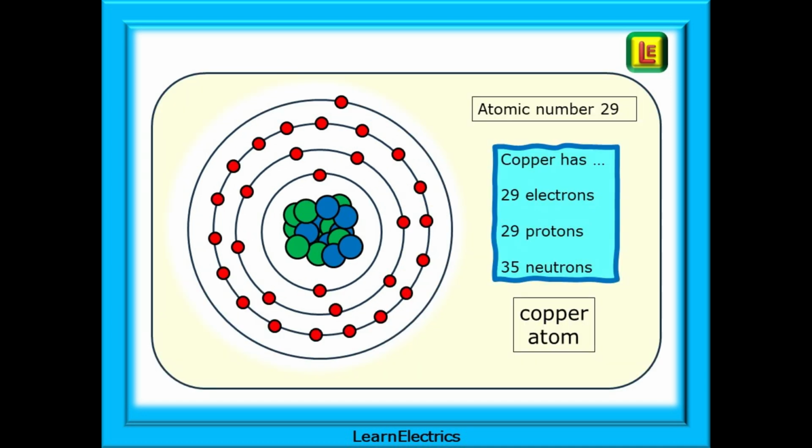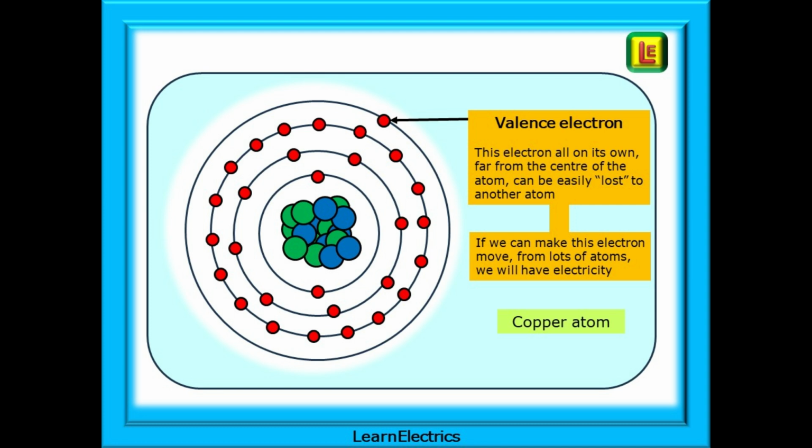Copper has an atomic number of 29, and therefore 29 electrons in orbit and 29 protons at the centre, along with 35 neutrons. Again, the neutrons do not need to match the atomic number. Neutrons play no important part in the electrical theory of this video and will not be discussed further.